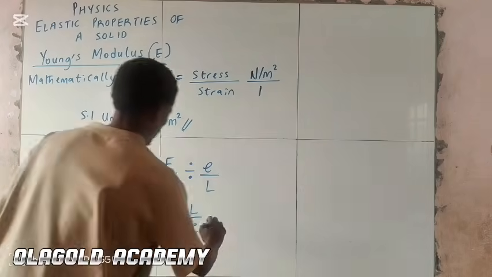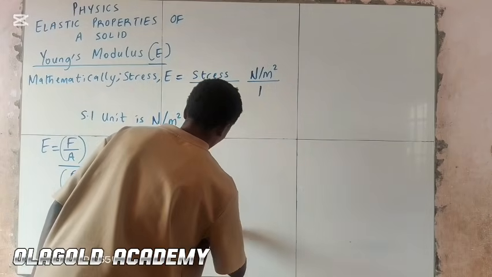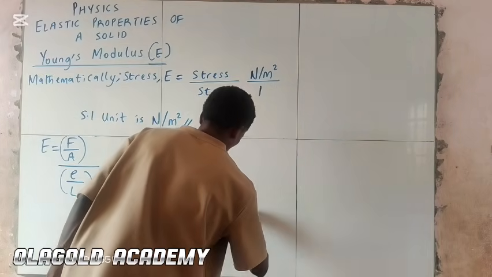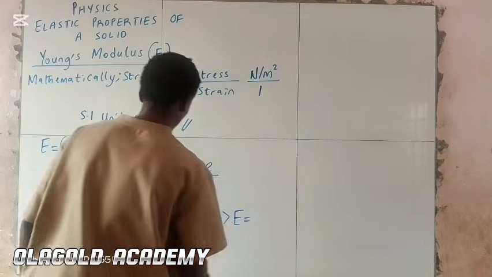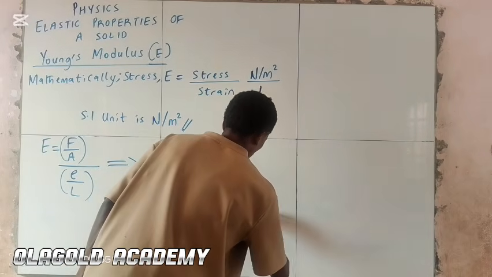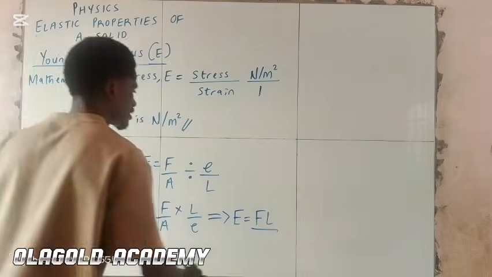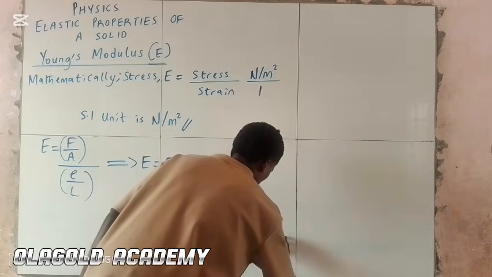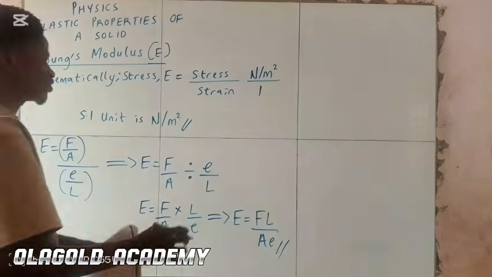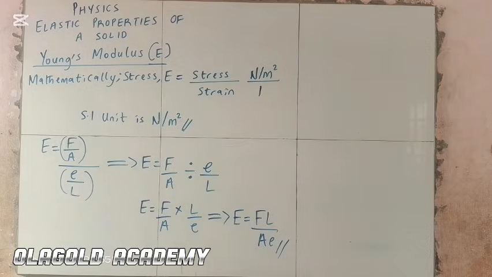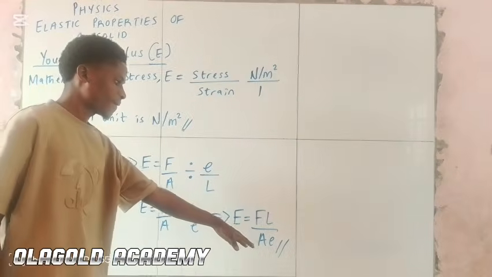From there, Young's modulus equals force times length over area multiplied by extension. So we have this as the expression for Young's modulus.